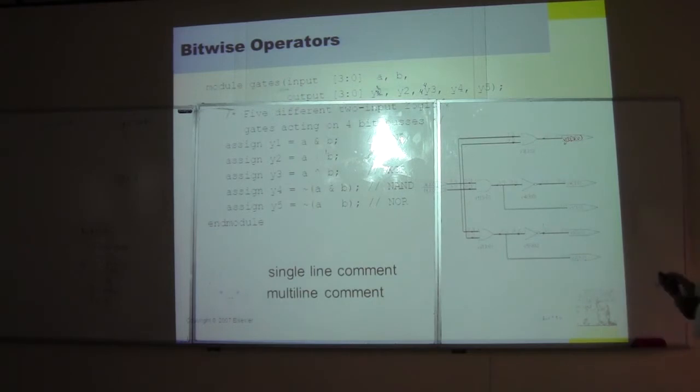Okay. So here actually 4 bits are coming. 4 bits. Here 4 bits, 4 bits, 4 bits, 4 bits. But how many outputs? 1, 2, 3, 4, 5. 5 outputs, but each one has 4 lines. 4 bits means what? 4 lines are coming.